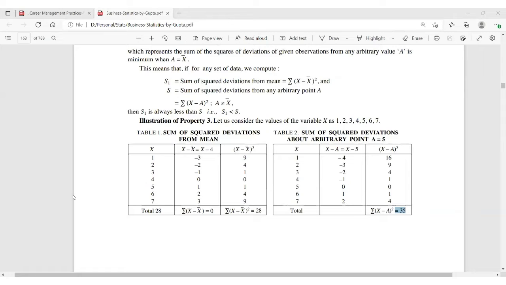What you have seen is that when we took the mean, the total of the squared deviations comes to 28. If we take any other number, it is always more than this number 28. That means the squared deviation from the mean is always minimum.